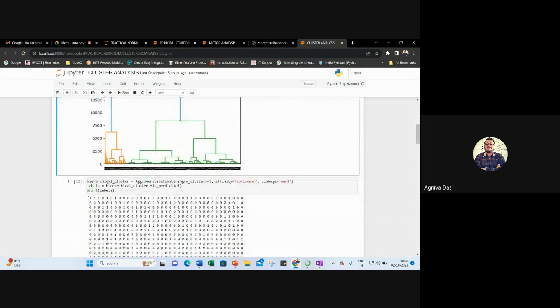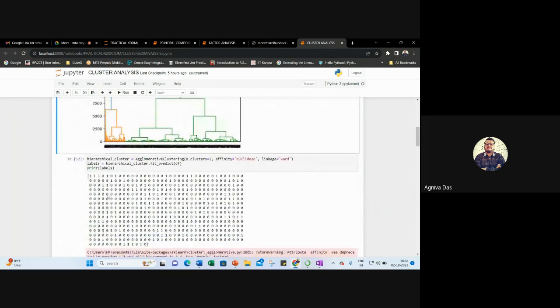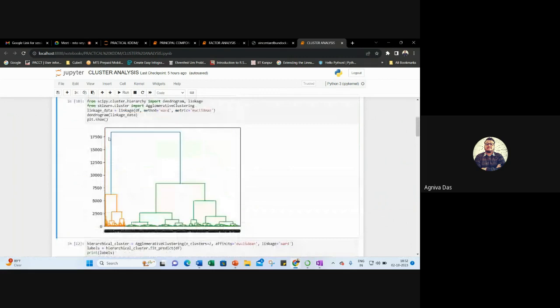Now we will simply generate the cluster labels. As we have seen here, the cutoff needs to lie here. So let's say the number of clusters that we have decided is 2, because as you can see, these two groups, the red and the green groups, are far separated from each other. So that is why it is sometimes better to have these 2 clusters only, right? Because within a cluster they also need to get assimilated. So between clusters might be a problem.